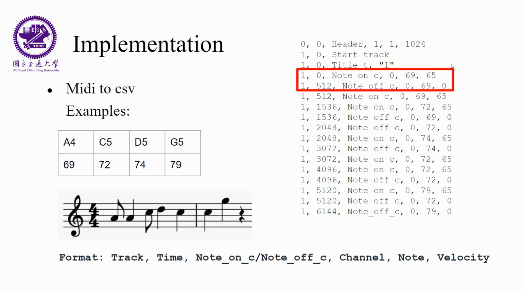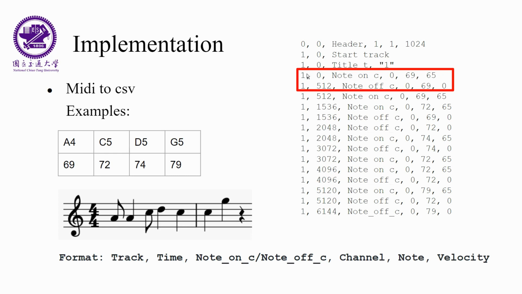Let's just look at the red block. Here, note on C, note off C, which means that the note is starting at the time 0 and it ends at the time 512.